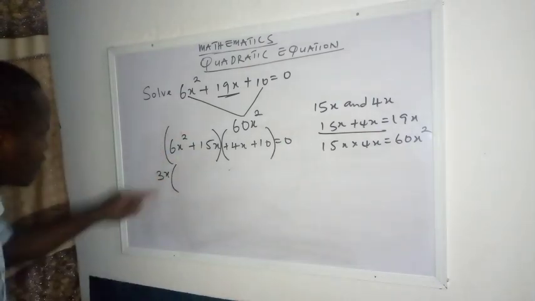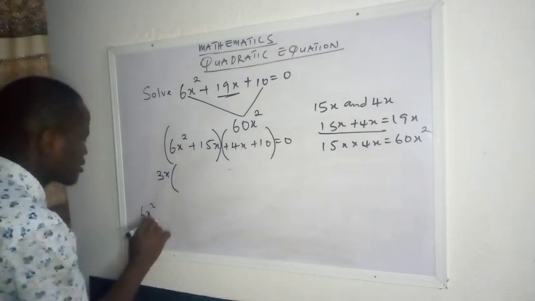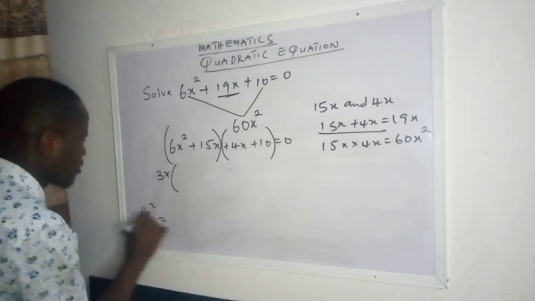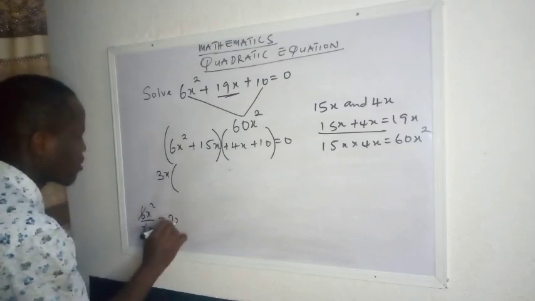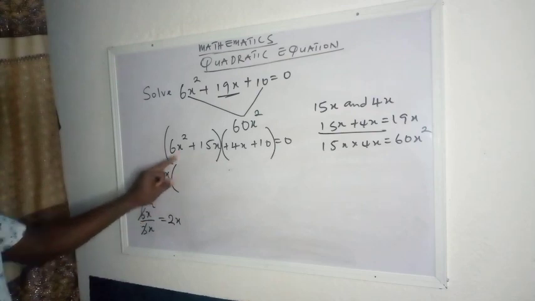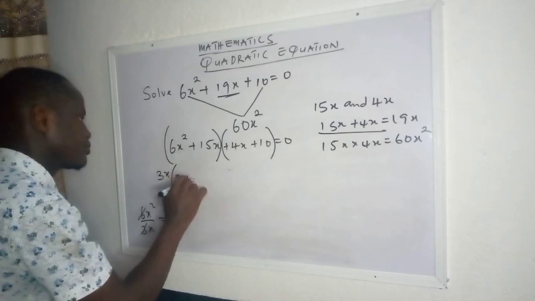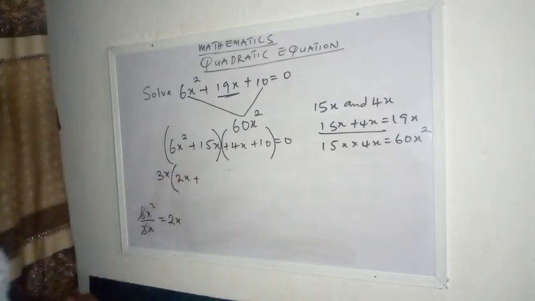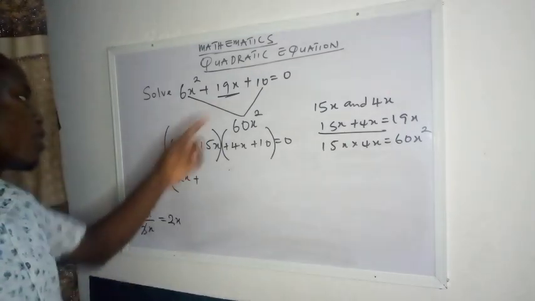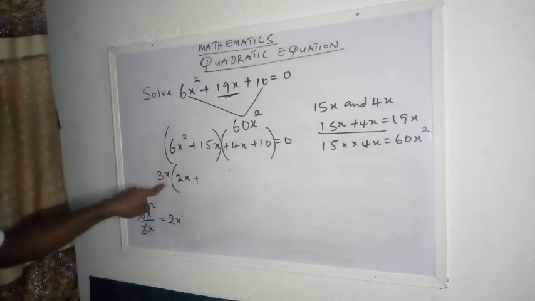6x squared divided by 3x. As 3 into 6, I will have 2. x into x, I will have x. So 3x into 6x squared, I'm going to get 2x plus. When I say 3x into, I mean 6x squared divided by 3x.